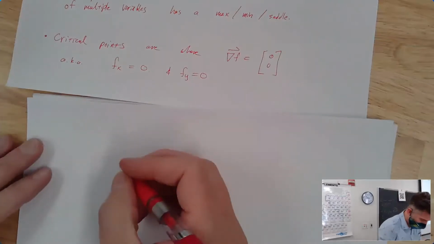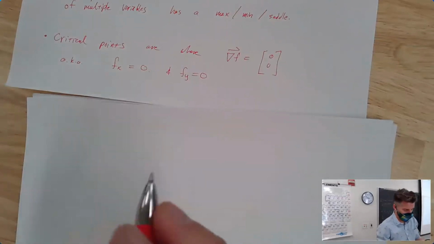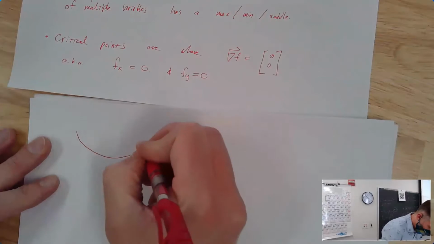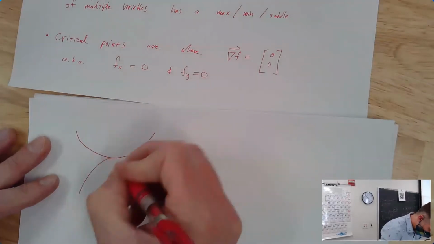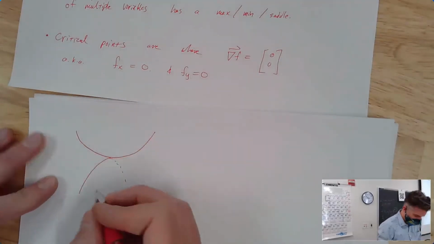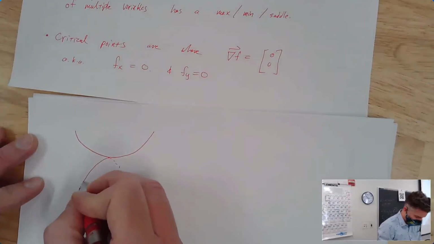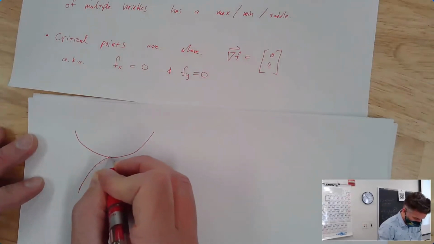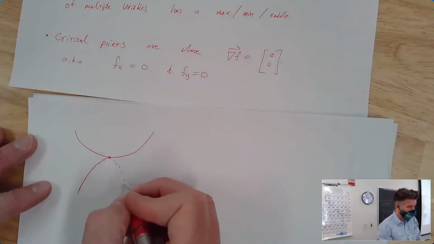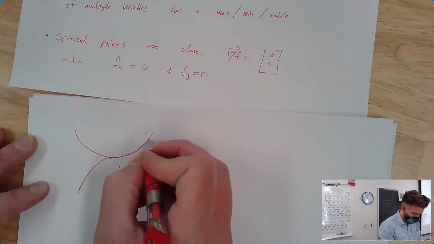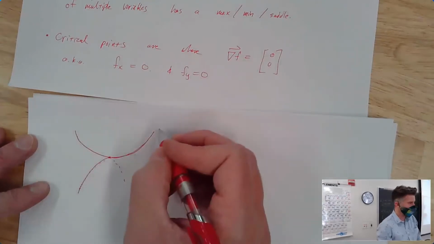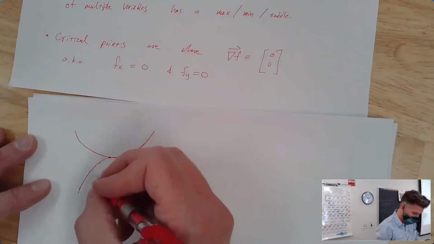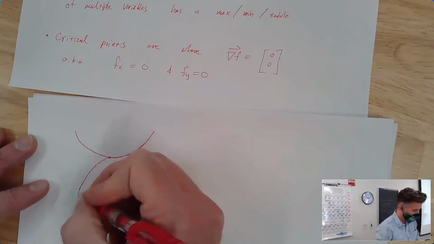So let me draw it. I like drawing saddles. It's like the only thing I used to be kind of good at drawing. So let's say James is going up the mountain. Up, up, up, up, up. And I get to this point right here, and I can either go over the other side or I can continue up this way to the summit. That's a saddle point because it's a relative maximum in this direction.